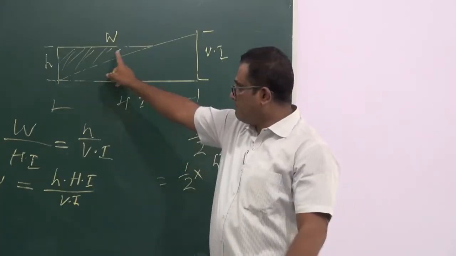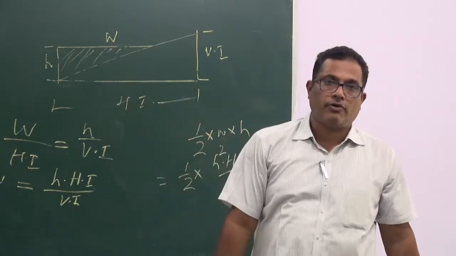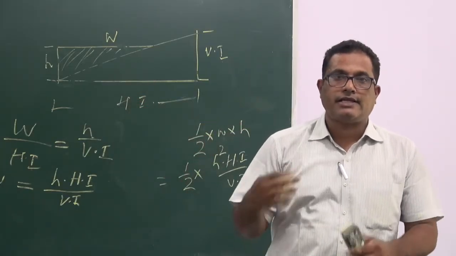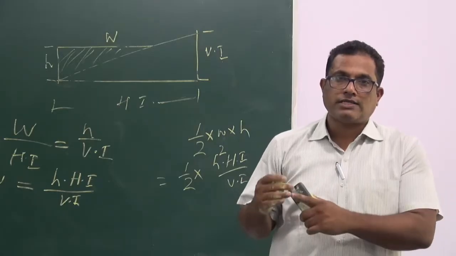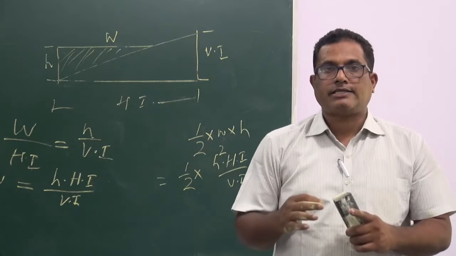If we compare this impounding water with the rainfall that is falling, that is the excess rainfall. We are not concerned with the total rainfall; in fact, we are concerned with the excess rainfall.